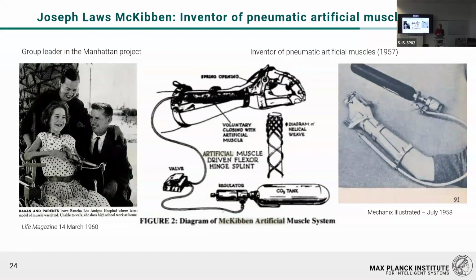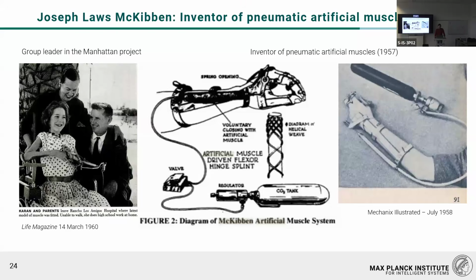He was then trying to think of a technical solution, how to aid his daughter to be able to grasp again. And he came up with this contraption, he already called it an artificial muscle, driven pneumatically, a flexor hinge splint.